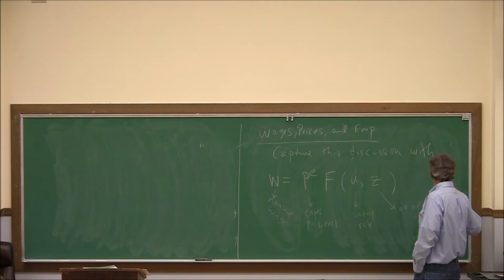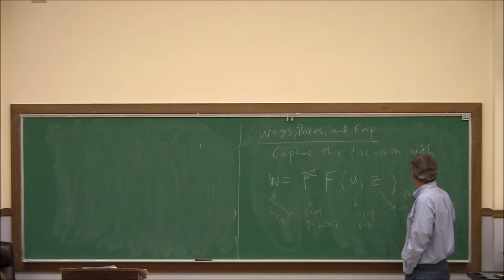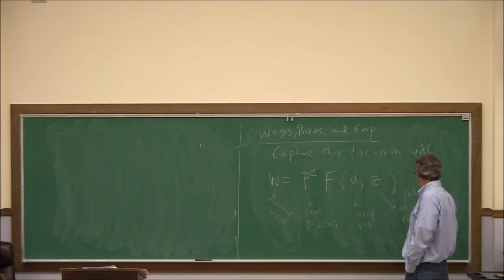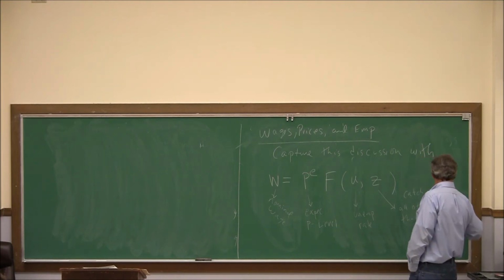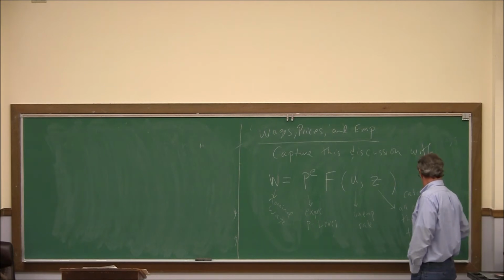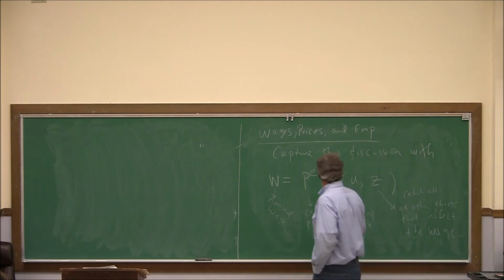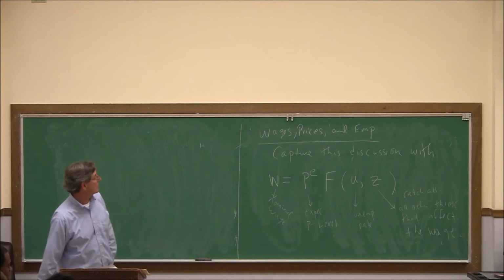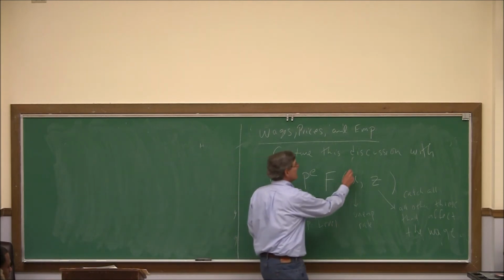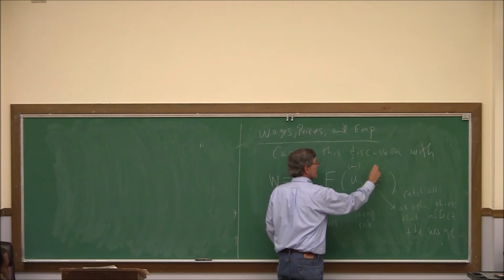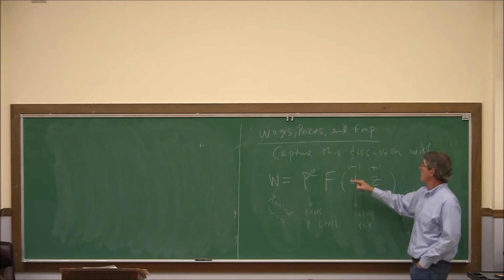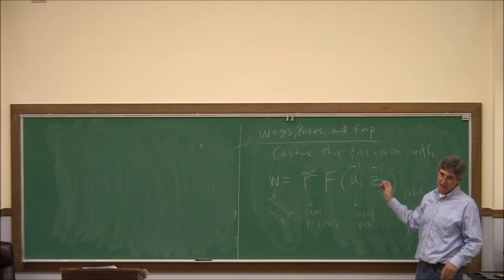It's a catch-all for all other things that affect the wage. We'll give some examples so you see what we mean here in a moment. And this is a negative relationship here and a positive relationship there. So when Z goes up, wages go up. When U goes up, wages go down. So that's what it is.